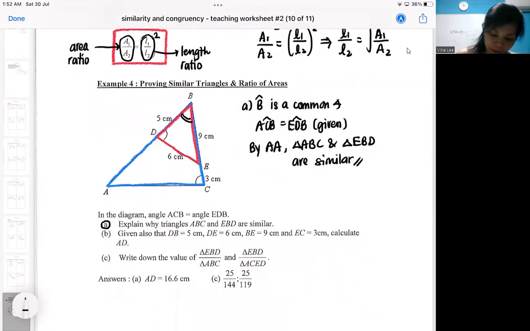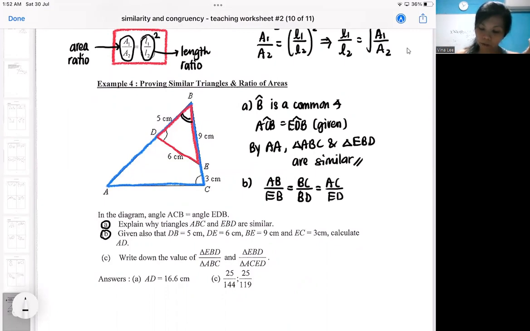Part B is like what you have done just now. You have to write out the three ratios, insert the values that are given to you, and then eventually find your AD.